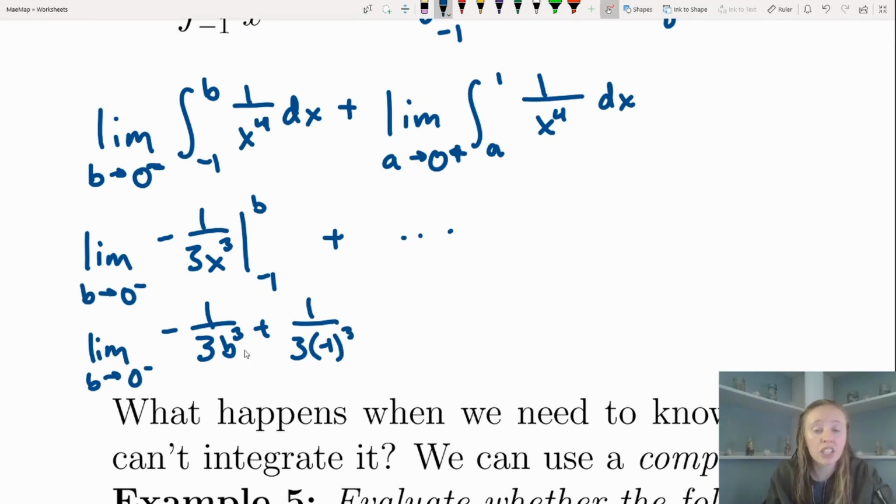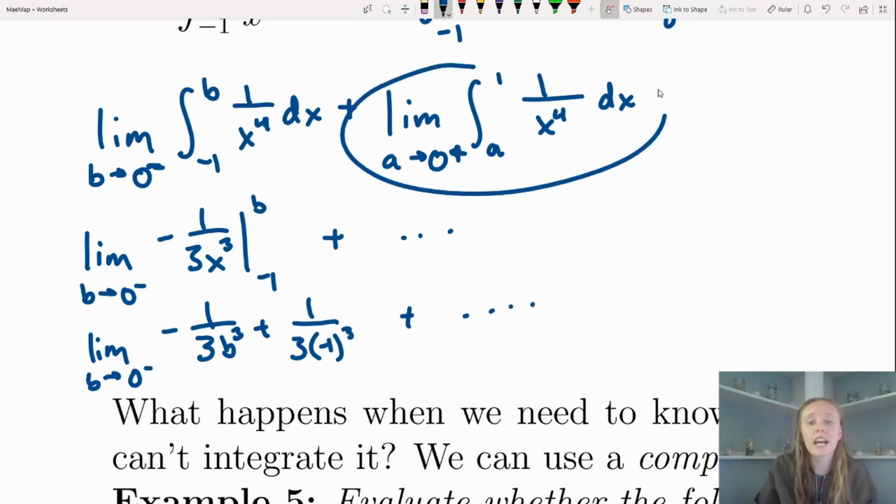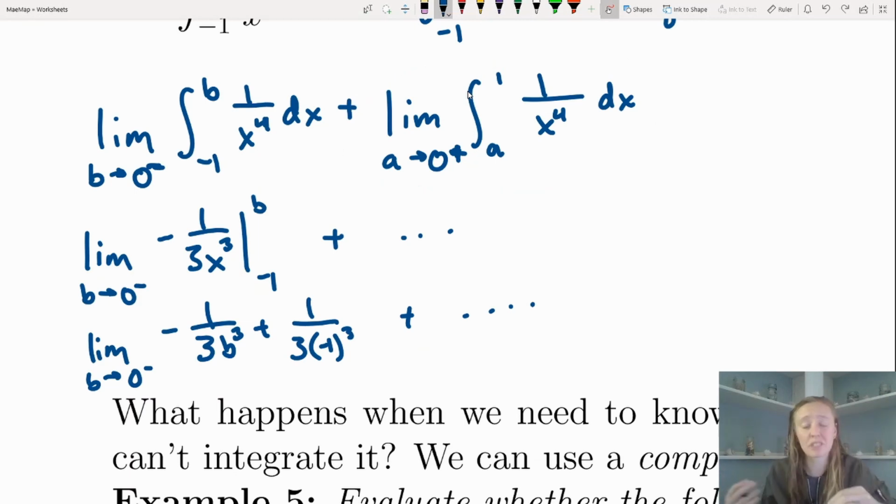So if we think about just this limit, ignoring adding this limit because we already know that that diverges, if we look at approaching 0 from the left, b from the left is going to be negative. Negative cubed is still a negative, however that number is getting smaller and smaller, so this fraction goes towards negative infinity, but that negative out in front, it goes towards positive infinity.